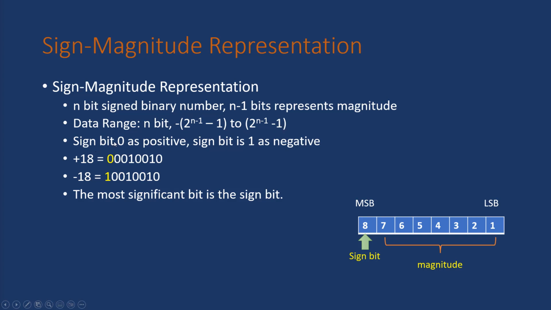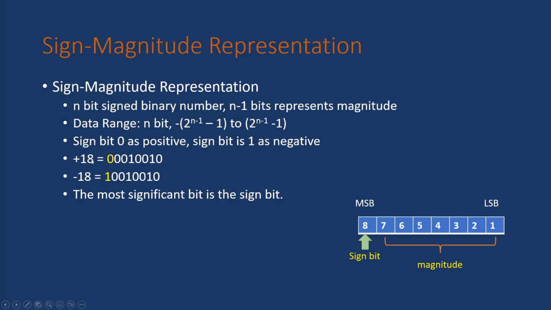Okay, the sign bit. If the sign bit is 0, then that represents a positive number. If the sign bit is 1, so the most significant bit is 1, that represents a negative number. Here is an example.